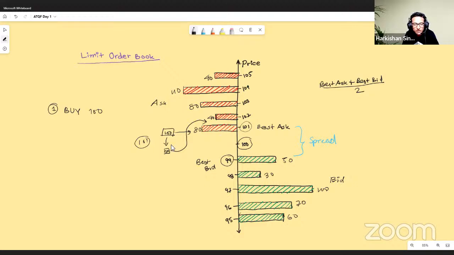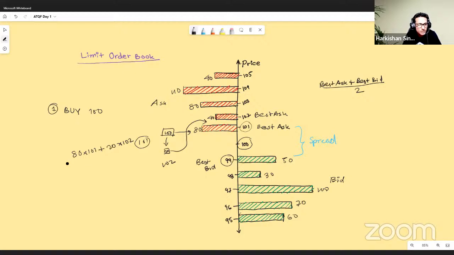So what will the exchange do? The matching algorithm will send these 20 shares to the next best ask. So now this will become the best ask, and he will get a fill at 102. So what happened? 100 of his shares got executed: 80 of his shares got executed at 101, and 20 of his shares got executed at 102.